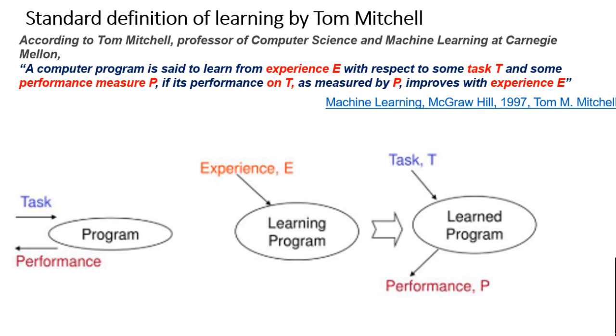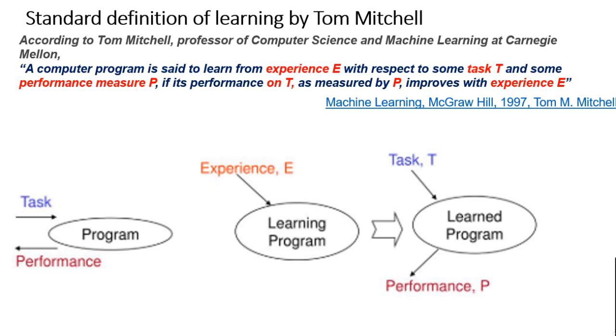So to keep it simple, when we are writing a typical program, let's not talk about machine learning. Normally when you are writing a program, we are given some task, we have some algorithm, we write a program and we test how the program works. That is what you see here on the left hand side. But when we are talking about machine learning, there are three components which are very important, because machine learning is also about learning.